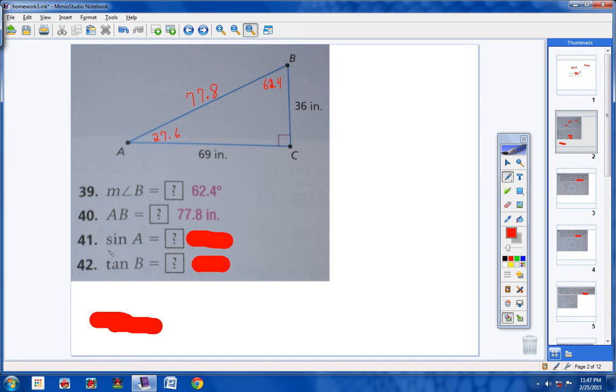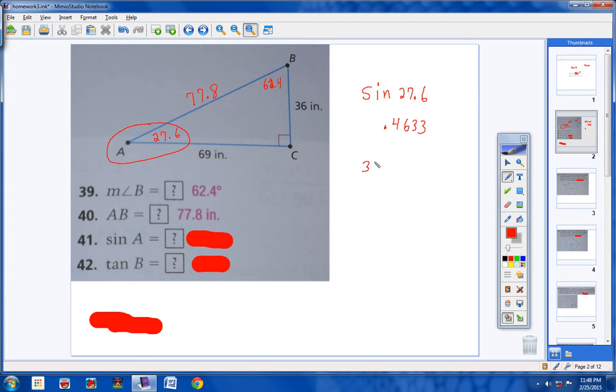Now, if I want to find the sine of A, I could just type into my calculator the sine of 27.6. And if you do that, you will get 0.4633. Now, I would like to show you another way you could do this. Another way to find the sine of A would be opposite over hypotenuse.